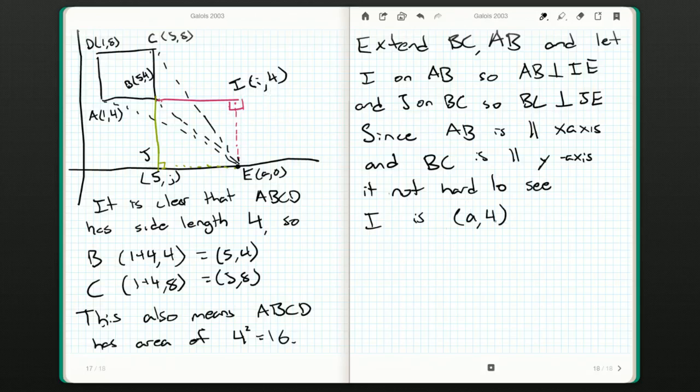So I is at (A, 4), and by similar reasoning, J is at (5, 0). Okay, so we can actually write those in.